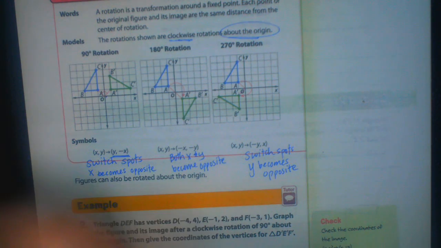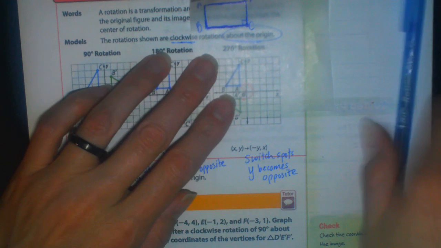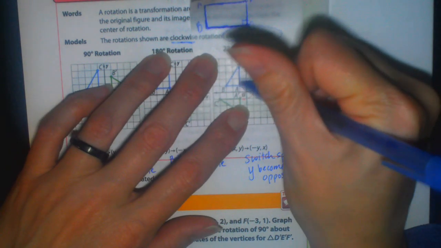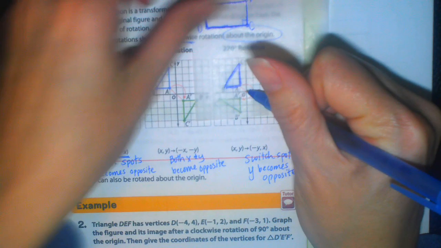So like for this one, if I rotate it counterclockwise, see how I went to the left, but I'm only going 90 degrees.